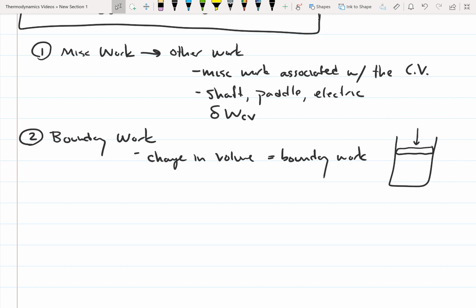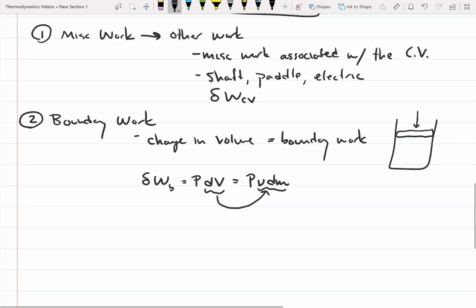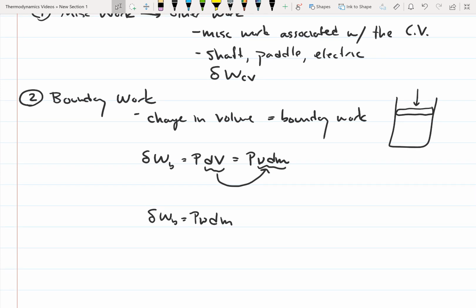We've already seen the equation for boundary work: it is equal to P dV, and this is equal to P, the specific volume, multiplied by dm, since dV is equal to the specific volume multiplied by the mass. So the boundary work is equal to P v dm, and this represents the boundary work at both the inlet and the outlet.